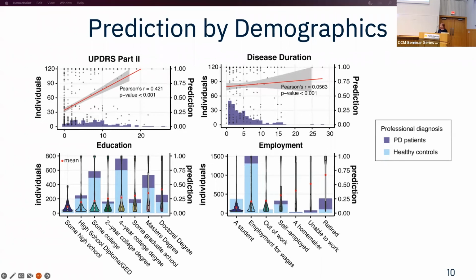And we also found a positive correlation between the disease duration and their Parkinson's disease prediction, which is also expected because Parkinson's disease is a neurodegenerative disease. It's irreversible, so it's likely the longer they suffer from this disease, the more severe it gets.